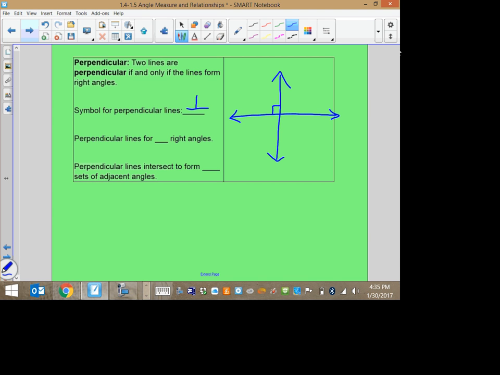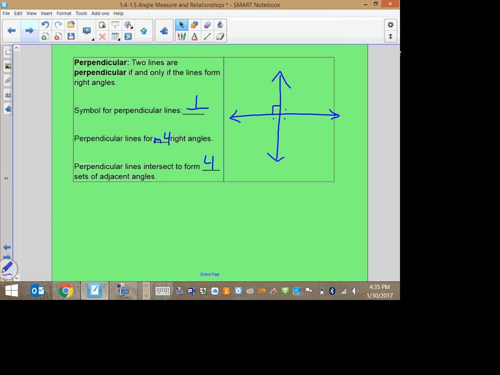Note that each one of these angles in here is 90 degrees. So perpendicular lines form 4 right angles.